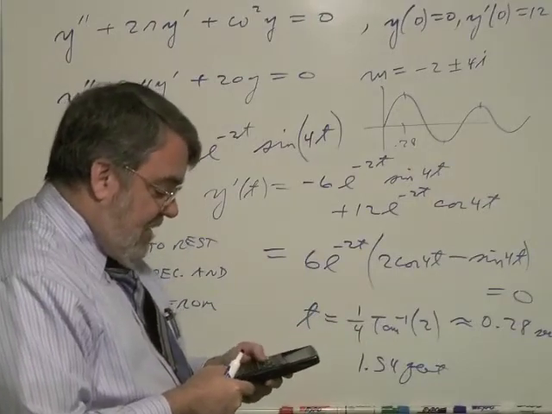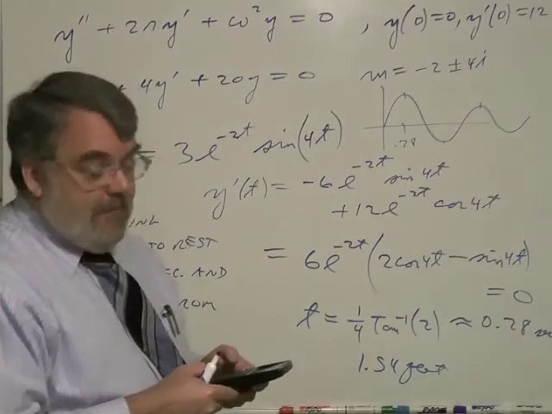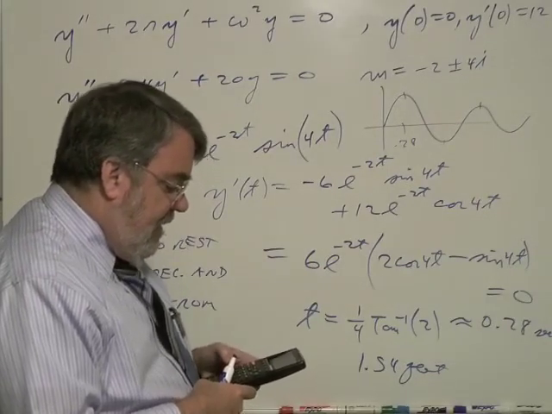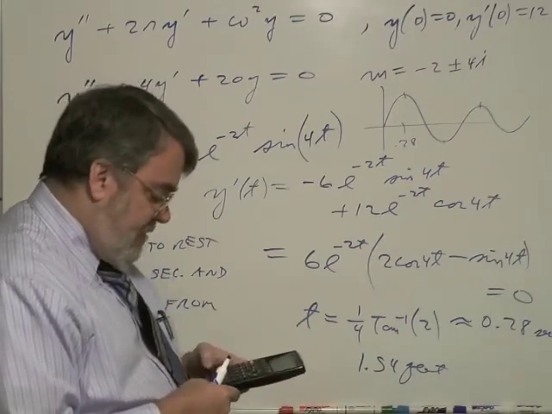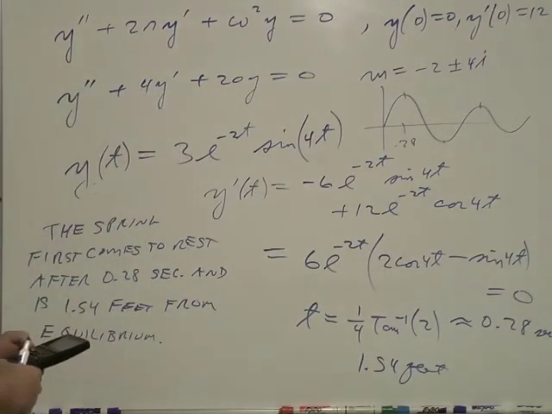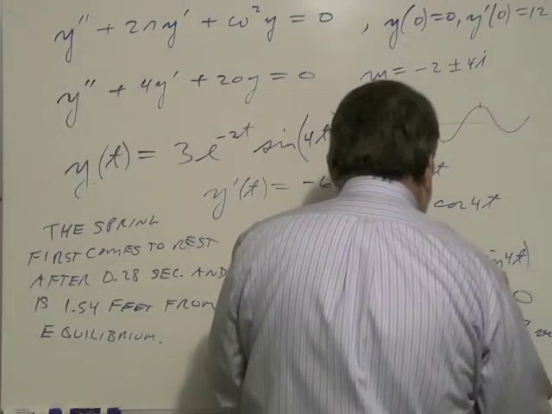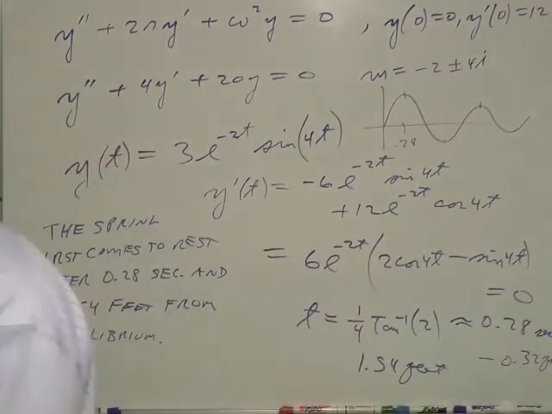So if I take my original value of x and add pi over 4, then I get 1.06 seconds. And now, if I plug that into my original function, I get minus 0.32 feet.